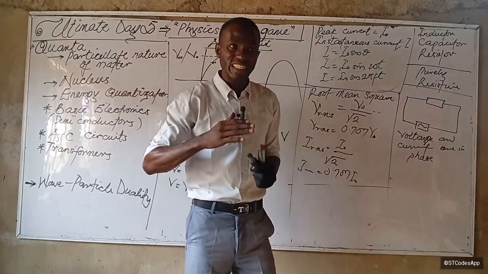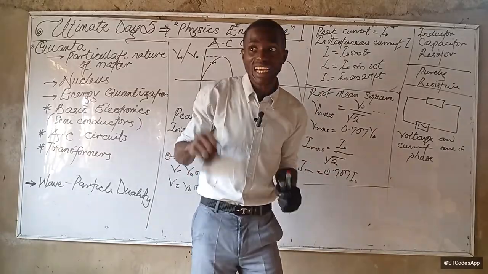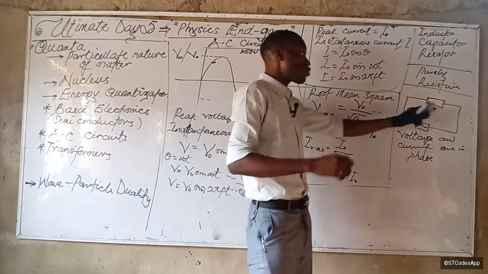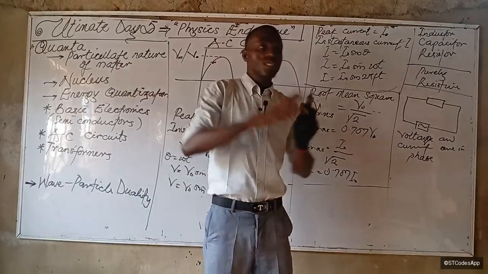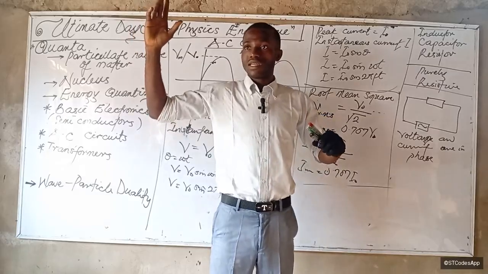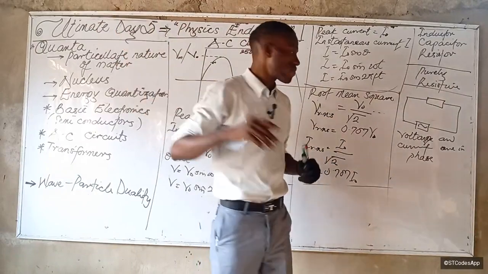Think of it as they flow together. Do you get it? Not one is lagging behind the other. So in a purely resistive circuit, the moment you switch on the light, you see the load attains its maximum immediately. Do you get it? Okay.